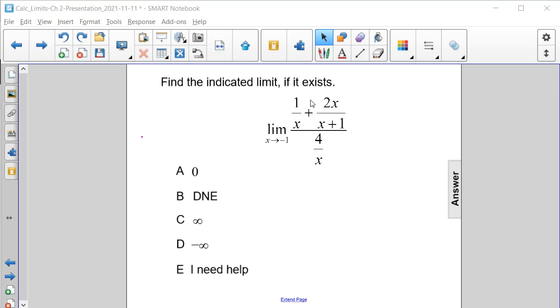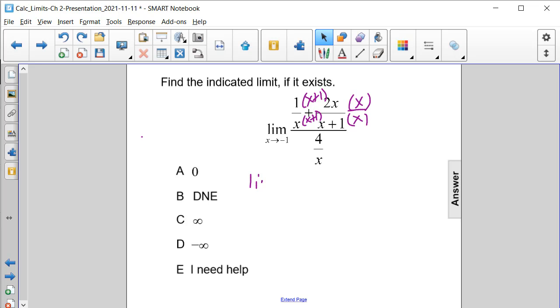To do so, we're going to begin by finding common denominators for the rational expressions in our numerator. So we're going to multiply the first fraction by (x+1)/(x+1), and we're going to multiply the second fraction in our numerator by x/x.